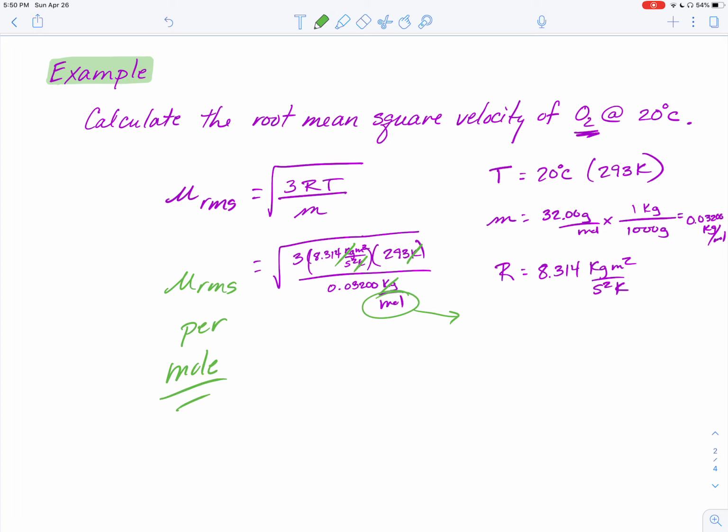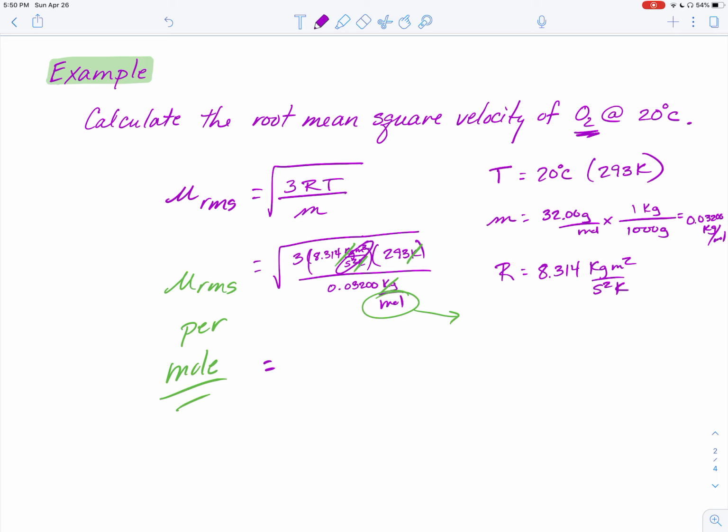Okay, and so we can just set that to the side, and that will leave us with the units of meters squared per second squared. And so when we take the square root of that, that'll be meters per second, velocity per mole.